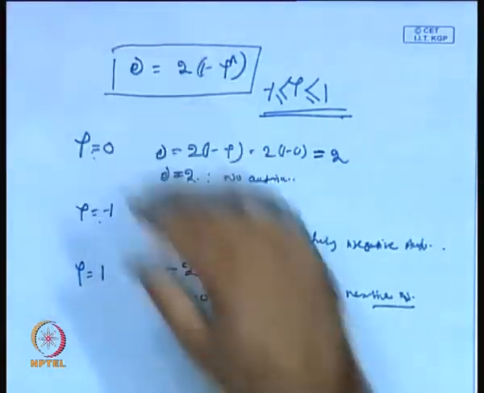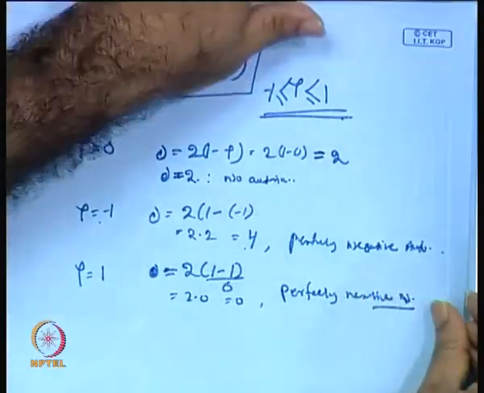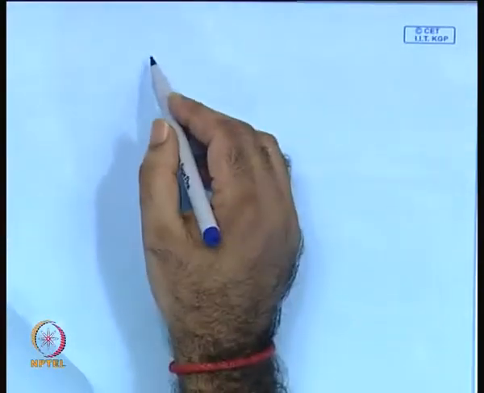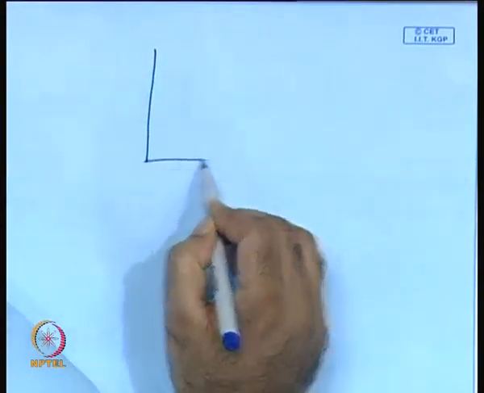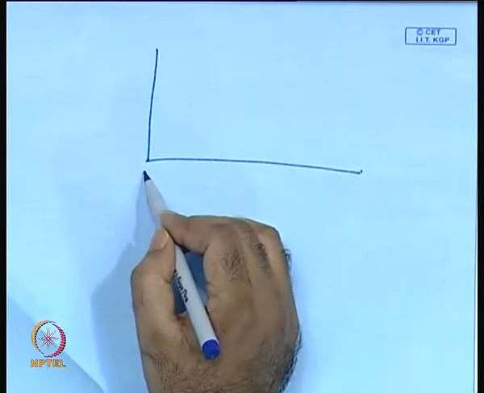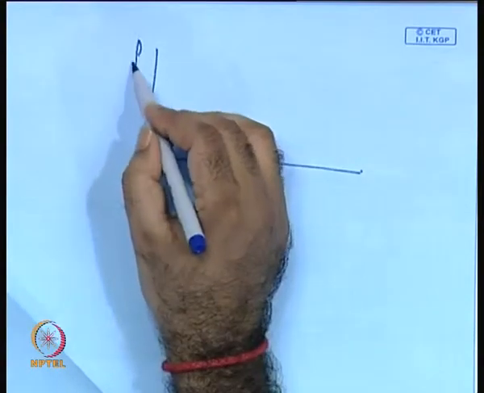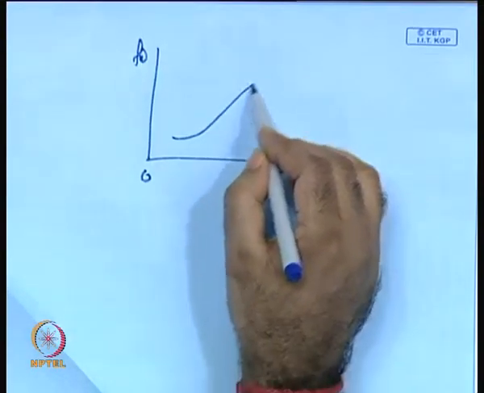So now what is the situation here? The picture will be coming like this. So I will draw here. This is 0, and I will draw a curve like this.